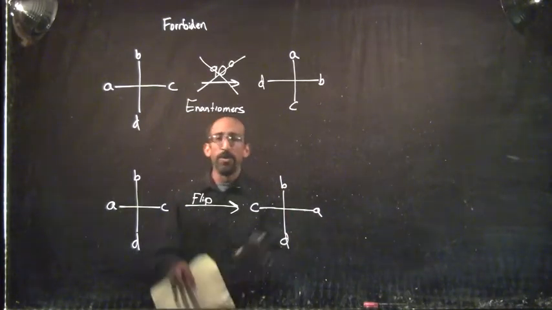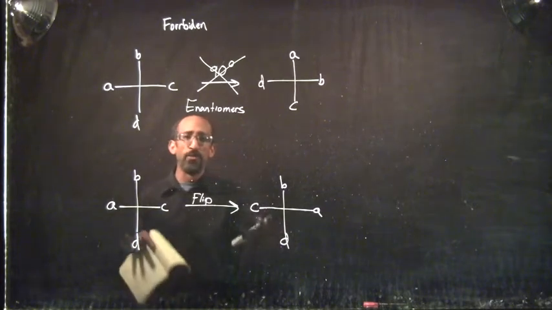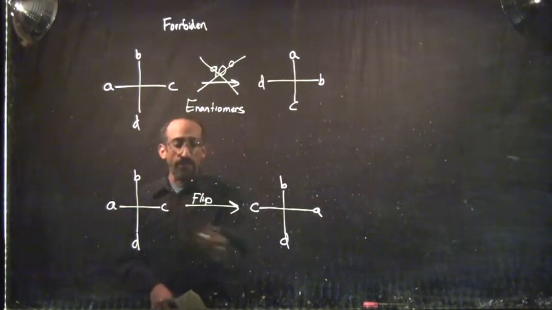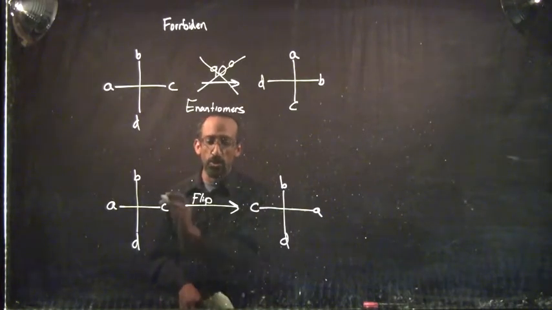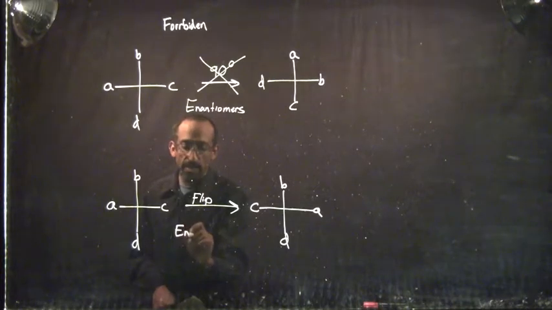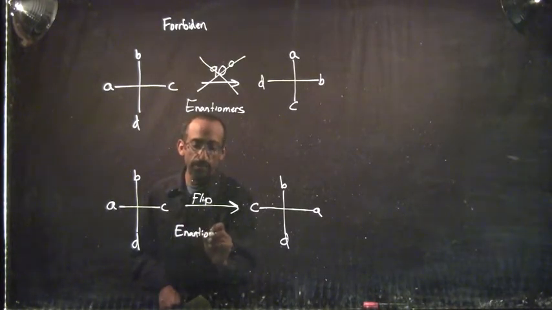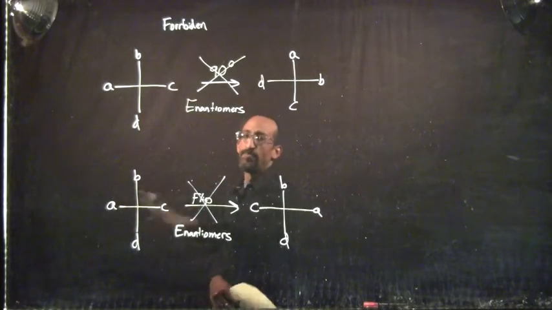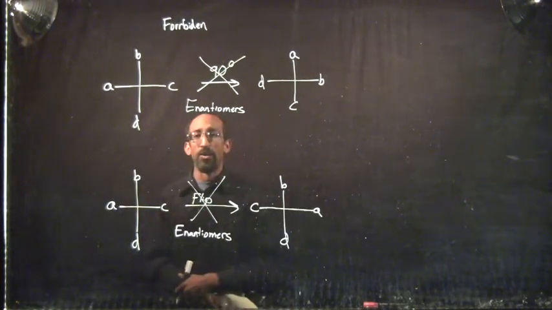Again, if we make perspective drawings or models of these two depictions, we're going to find that the relationship between the two of them is not that they're the same, but once again they are enantiomers. So we can't pancake flip or mirror image our Fischer projections.